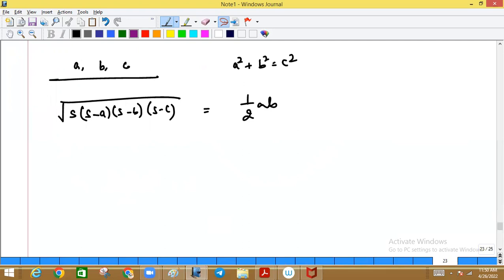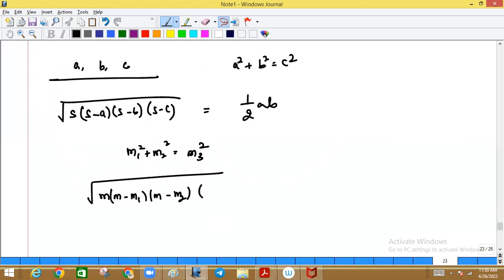Now, here also, suppose M1 square plus M2 square is equal to M3 square, can I say M into M minus M1, M minus M2, M minus M3 becomes half M1, M2, but area is 4/3 of half of M1, M2.